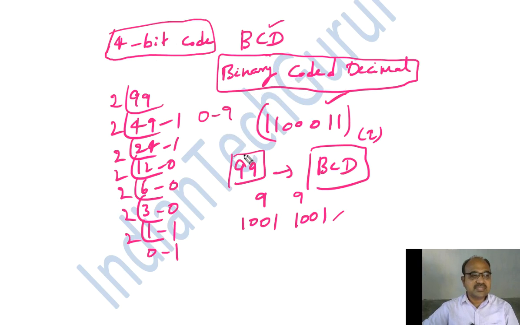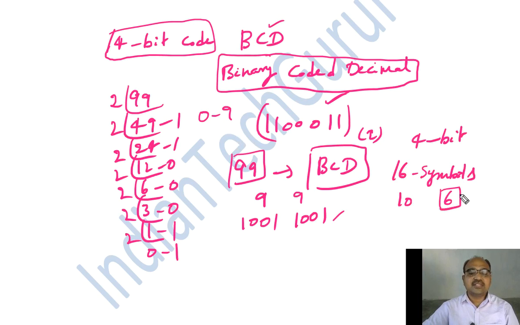We cannot represent the letters or the special symbols, because to represent numbers as well as special symbols we need several symbols, whereas using the 4-bit code we can generate only around 16 symbols. We have used 10 symbols, and only 6 symbols are remaining.